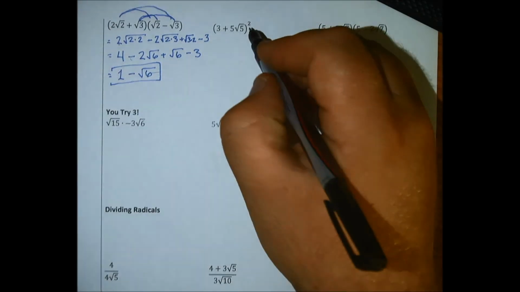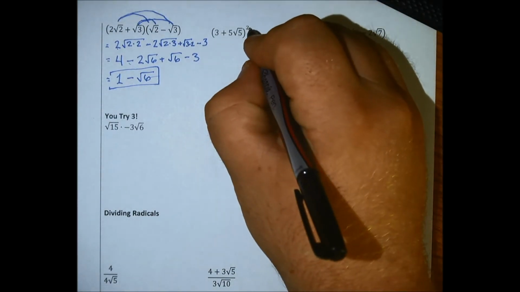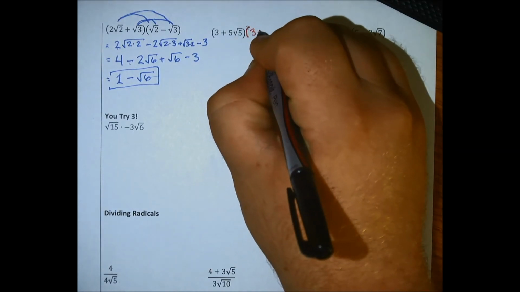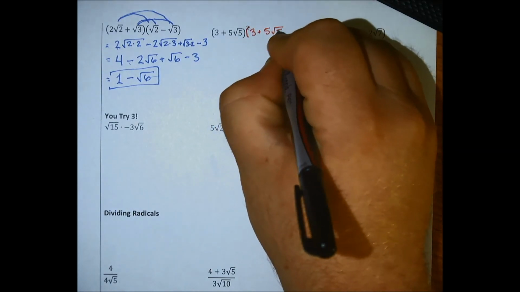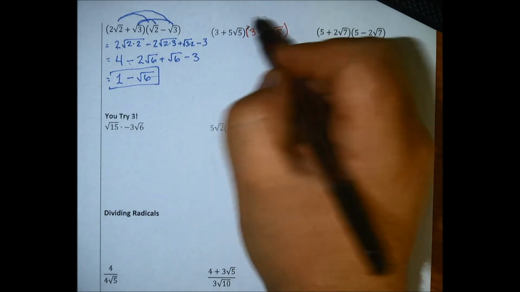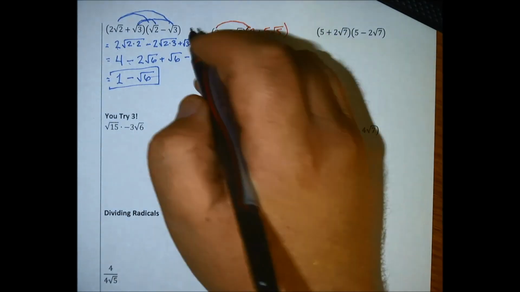For the next one, it says squared. Now, if you remember what that squared means, it's really that thing times itself. Okay, so I just kind of write over that squared and rewrite that whole expression to save myself a little bit of room.